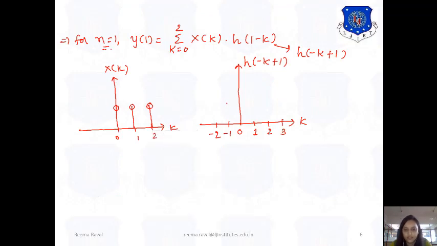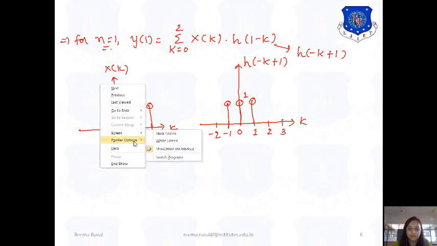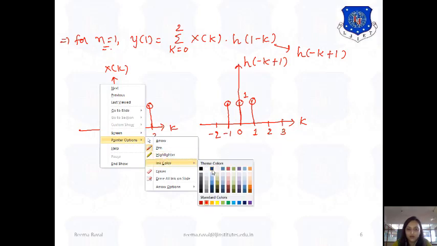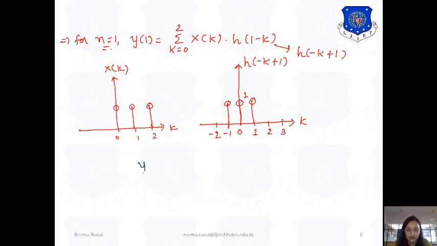So here we will have values at minus 1, 0 and 1, and all these values are 1. Now multiplying the respective elements, we will get the output y of 1. At instant 0 the value is 1 and here at instant 0 the value is again 1, so that will be 1 into 1, plus at instant 1 the value is 1 and here at instant 1 the value is 1, so again 1 into 1.